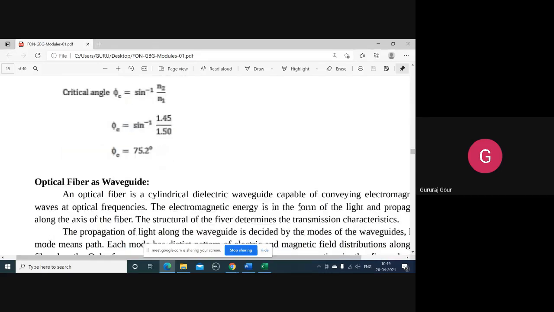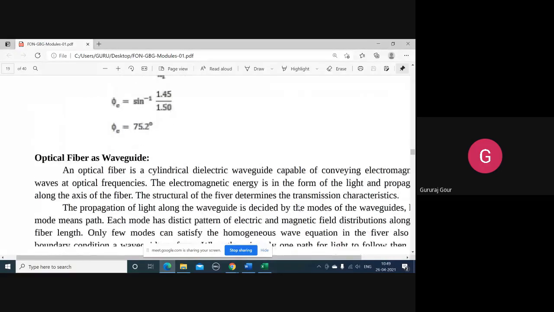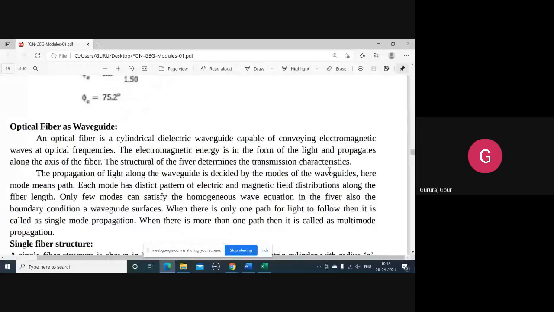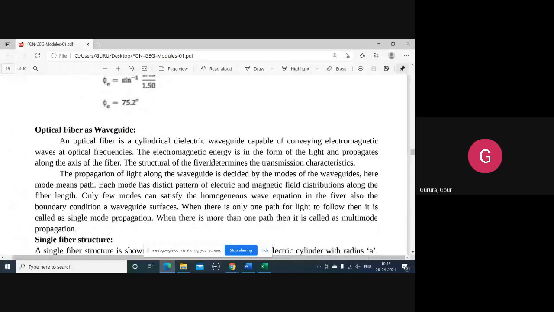Now coming to the optical fiber as a waveguide, continuing the discussion. An optical fiber is a cylindrical dielectric waveguide capable of carrying electromagnetic waves at optical frequencies. This is important. In a key word, an optical fiber helps us carry electromagnetic waves at optical frequencies.